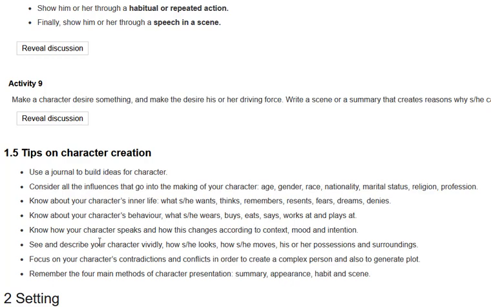And then know how your character speaks and how this changes according to context, mood, and intention. For instance, if your character is under a lot of stress, suddenly she's going to start speaking in her native language, or her native accent becomes very apparent.